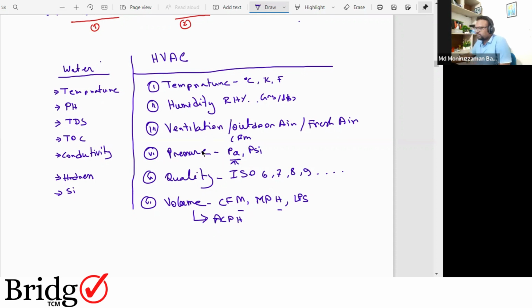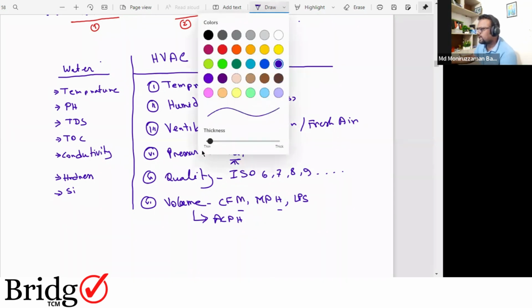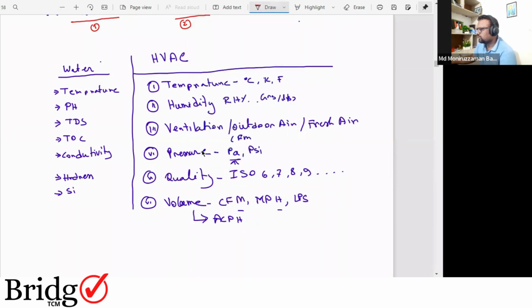But I'm going to notify you that not all the parameters are controlled in every project. For instance, if your project is a residential or commercial project, some office building like that, we will be controlling temperature. Humidity, no, we are not going to control it there. Ventilation, we are going to control in every project, so it will be there.